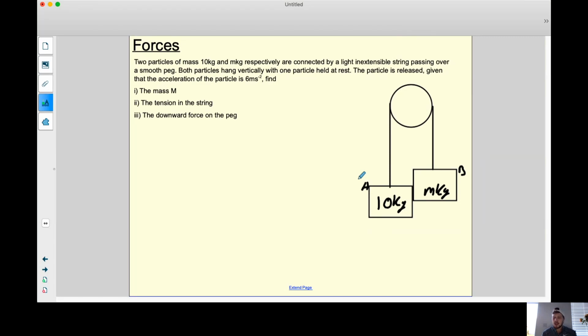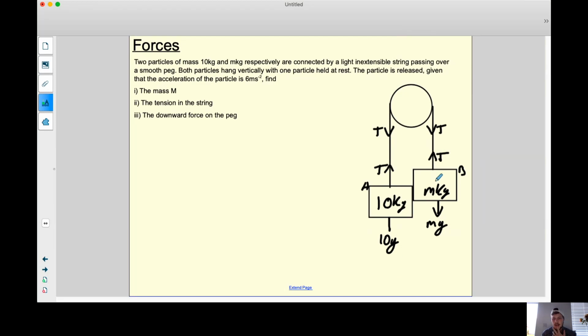Looking at this system, I'm going to get tension and a weight coming down for each one. So this weight is going to be mg and this is going to be 10g, and a tension coming off both. But I'm also going to get tension reciprocated by the pulley as it's trying to pull away from the system.